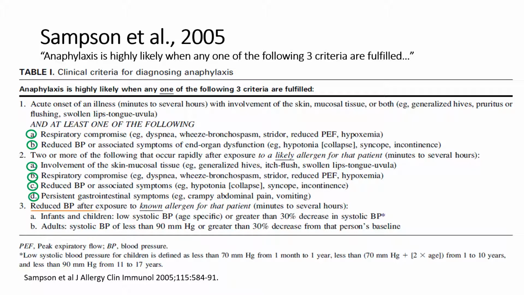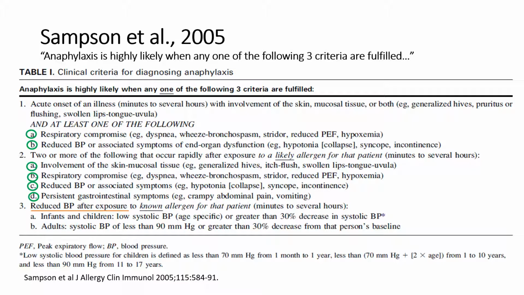Criterion number 3 is now just reduced blood pressure. That's all we need when a patient comes having been exposed to a known allergen for that patient. And when I say allergen, it also applies to immunogenic drugs.